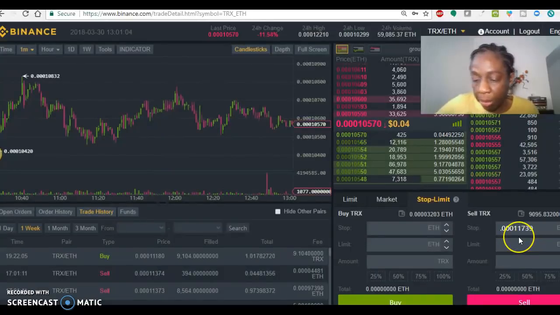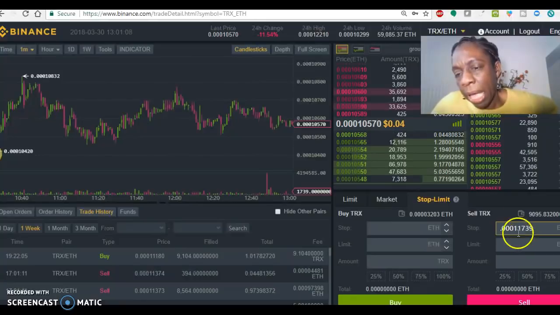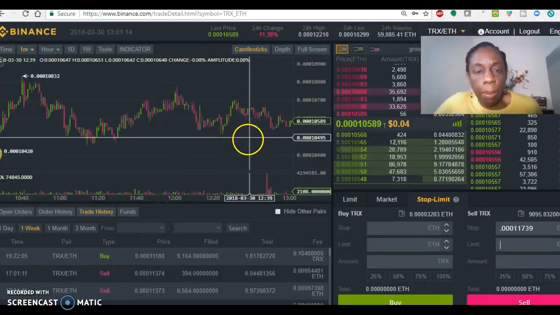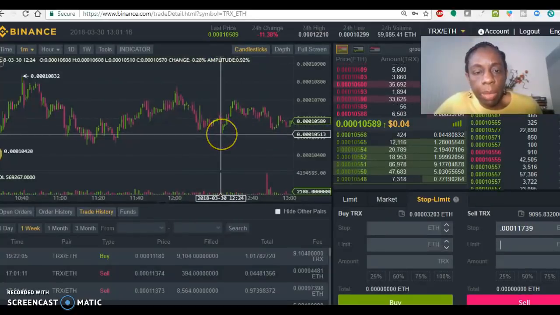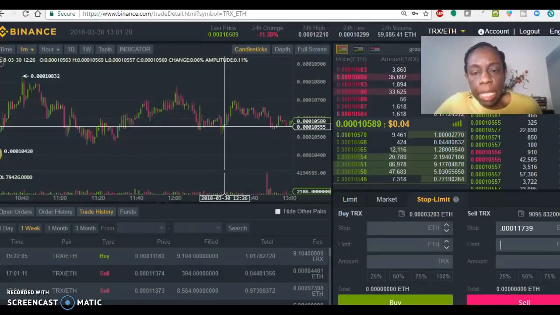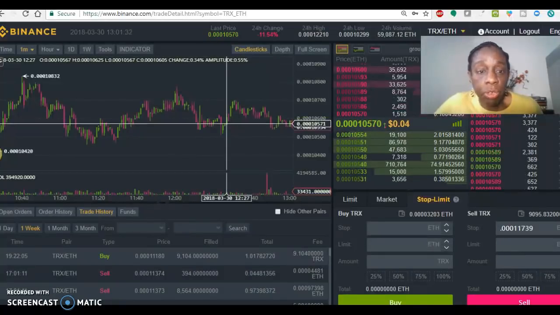for, and I'm going to put in basically, you see, the reason why I want to use the stop limit order is in the event that the price is going up. So let's say we're at this point and the price is going up. And I say, once we hit this trigger of 0.0011739, I want the trading bot to sell my Tron.